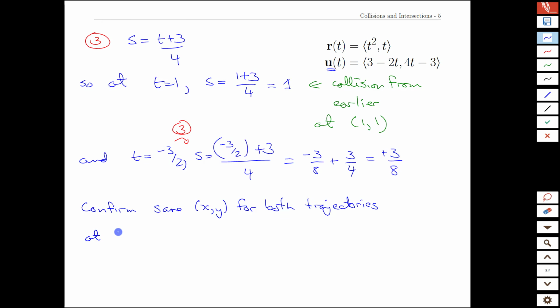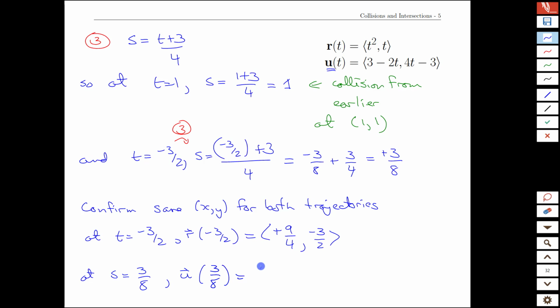Well, at t equals negative 3 halves, r of negative 3 halves, using the formula up here, is t squared, so positive 9/4 rather, because we're squaring, and t itself is negative 3 halves. And meanwhile, the value we found for the u curve, which is s, is 3/8. U at 3/8 is 3 minus 2 times 3/8.